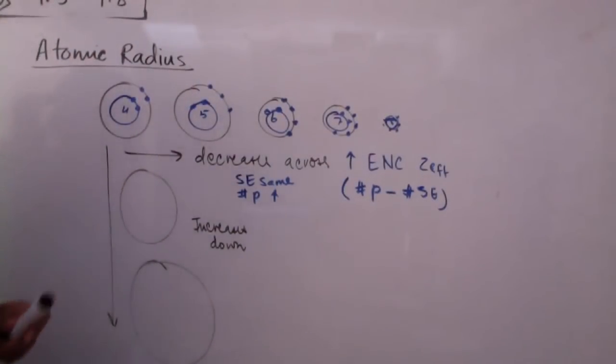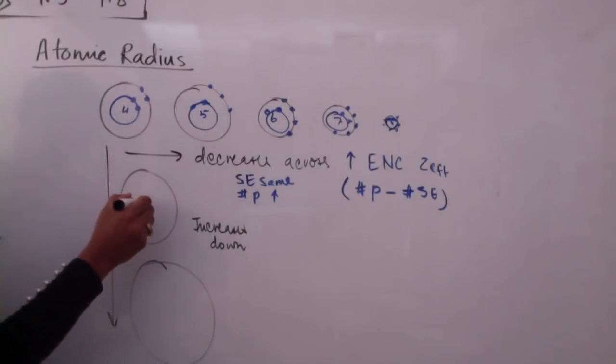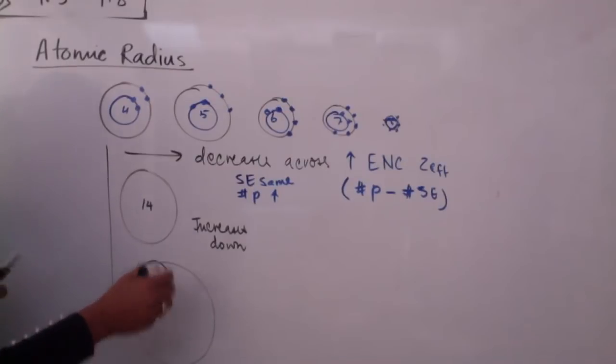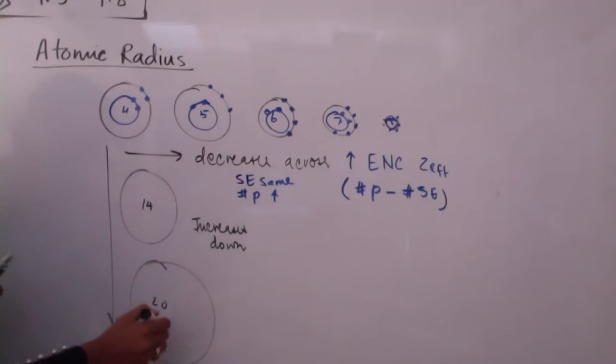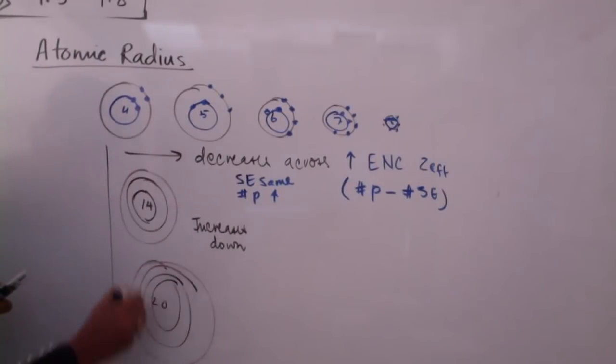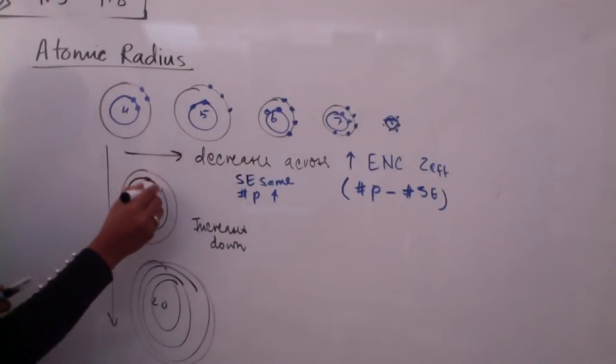Coming back, switching back to the atomic radius, going down a group, what's happening is you are adding protons going down, but you're also adding energy levels going down. And with energy levels, atomic radius increases, but you're also adding electrons in those energy levels.